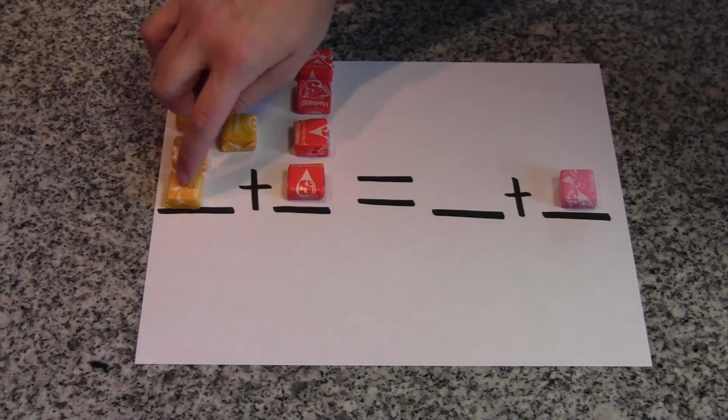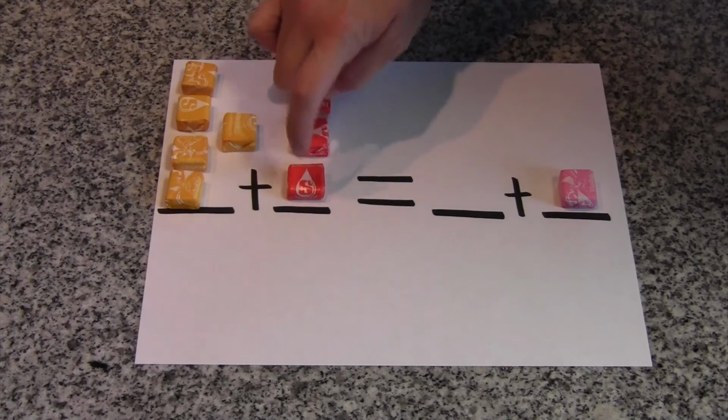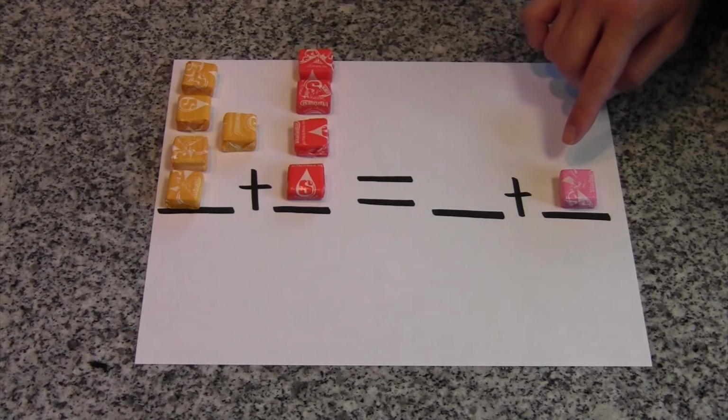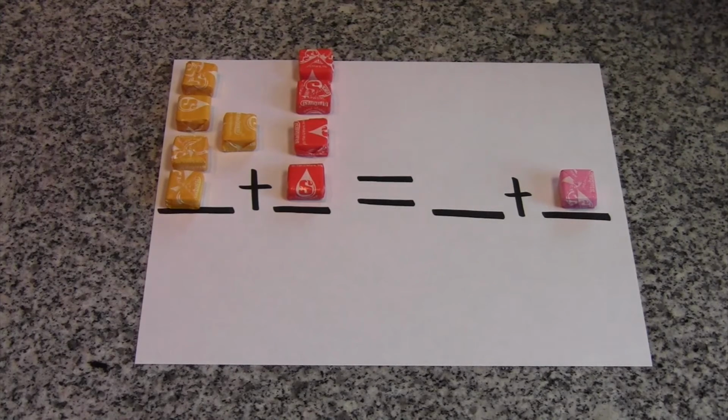So they can add this up and go 1, 2, 3, 4, 5, 6, 7, 8, 9. So they can understand that 5 plus 4 equals 9. They can then realize that 9 minus 1 gives them 8, so they know that they need to add 8 Starburst.